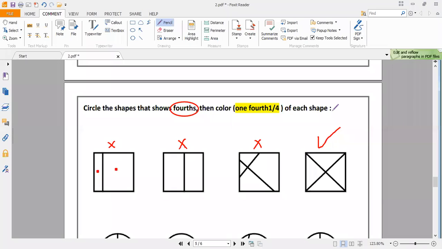Okay, this is the first part of the question. It said color 1/4. Do you know what 1/4 means? It means how many parts I'm going to color, Sidra? 1/4. Yes, I know what you mean.